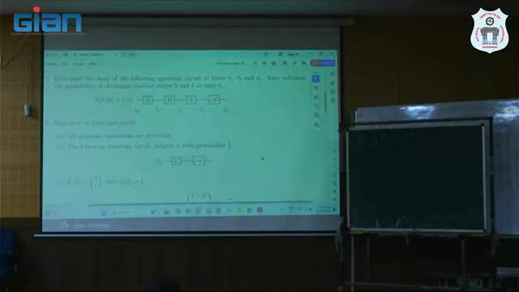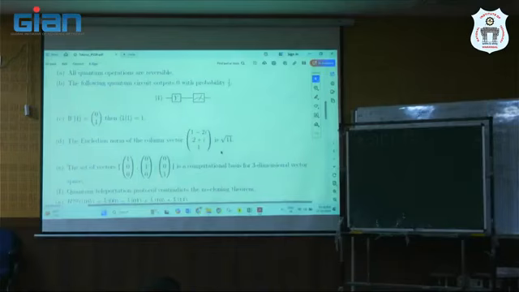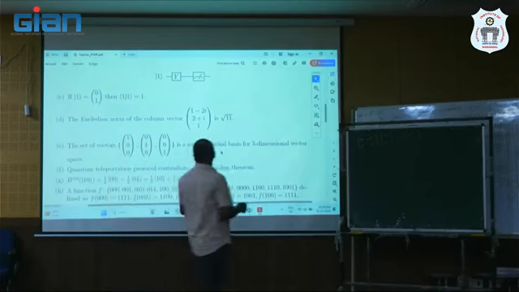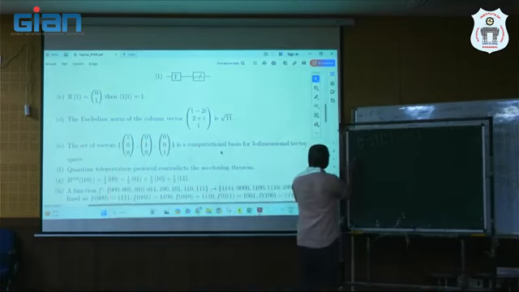Okay, what about C? All of you agree that bra 1 is the row vector 0 1.